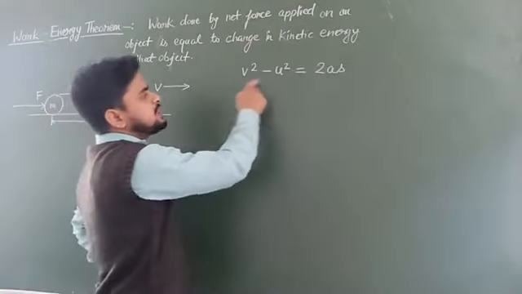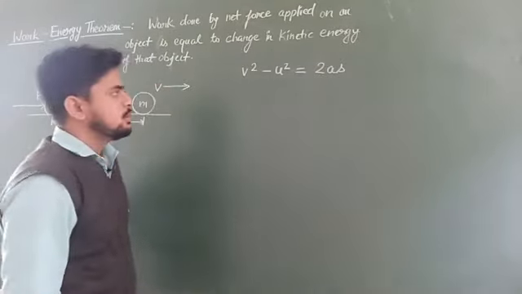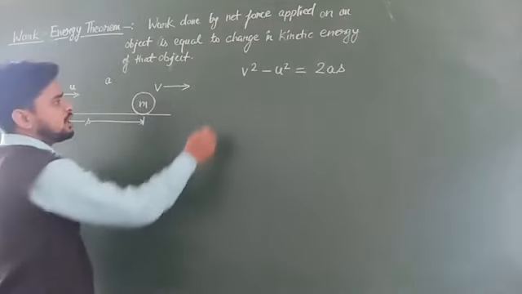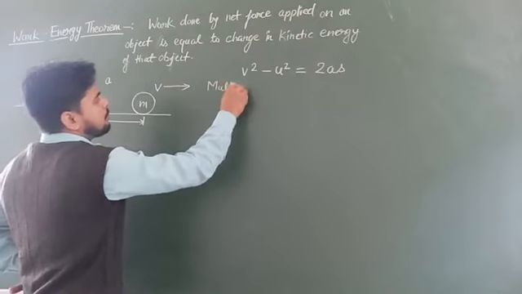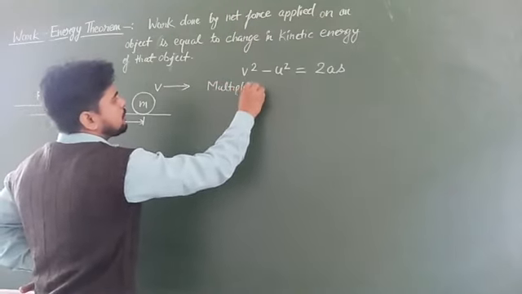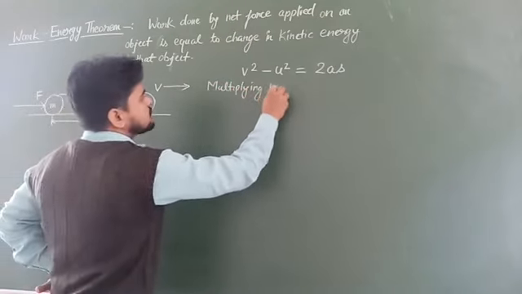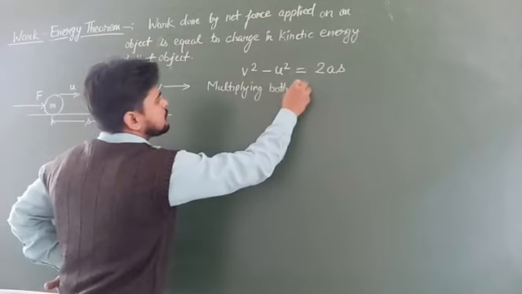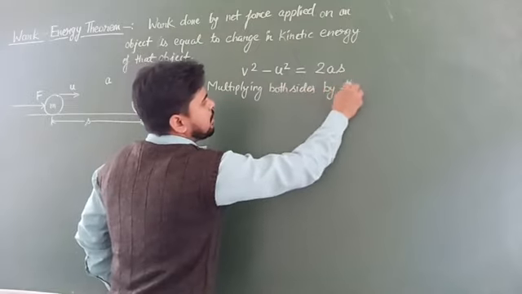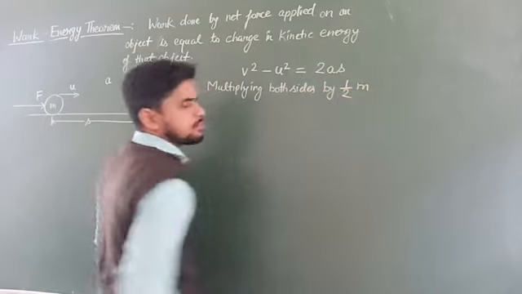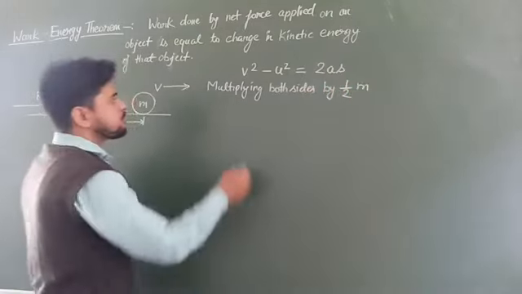If we multiply this equation on both sides by half m, then what do we have?